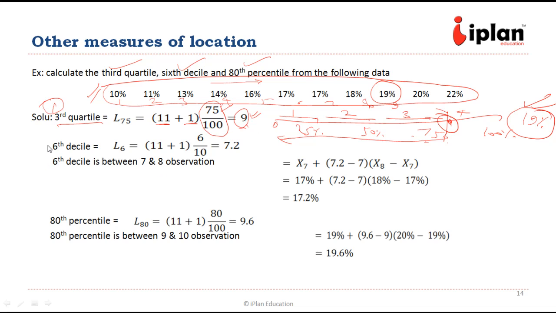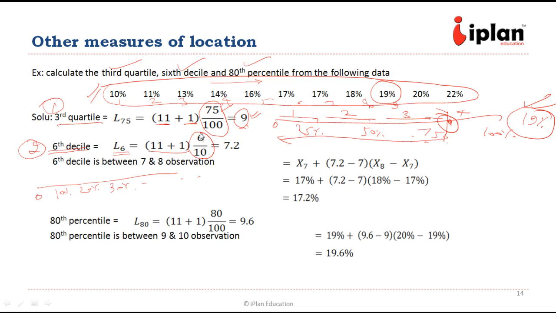Now let us look at the second part of the question, which says what is the sixth decile value. So if there are 10 deciles, similarly we can say 10 deciles will be 0 to 10%, 10% to 20%, 20% to 30%, and so on. We need to know the value of sixth decile. Same formula is used, 11 plus 1 into 6 by 10.